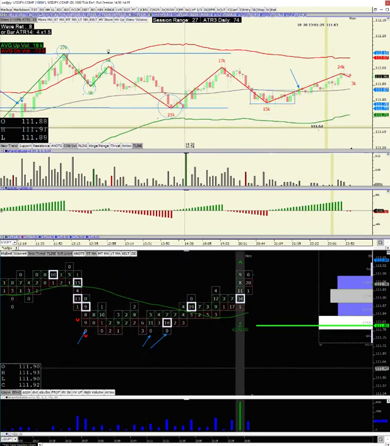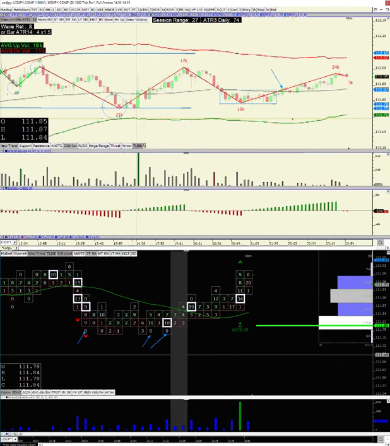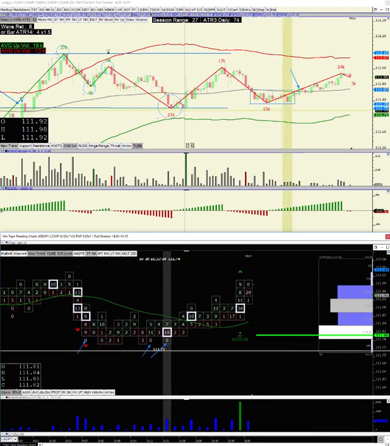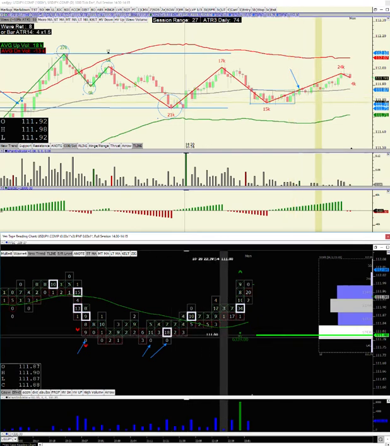So, I'm going to be doing more studies with this tapereading chart because it requires a specialized understanding.